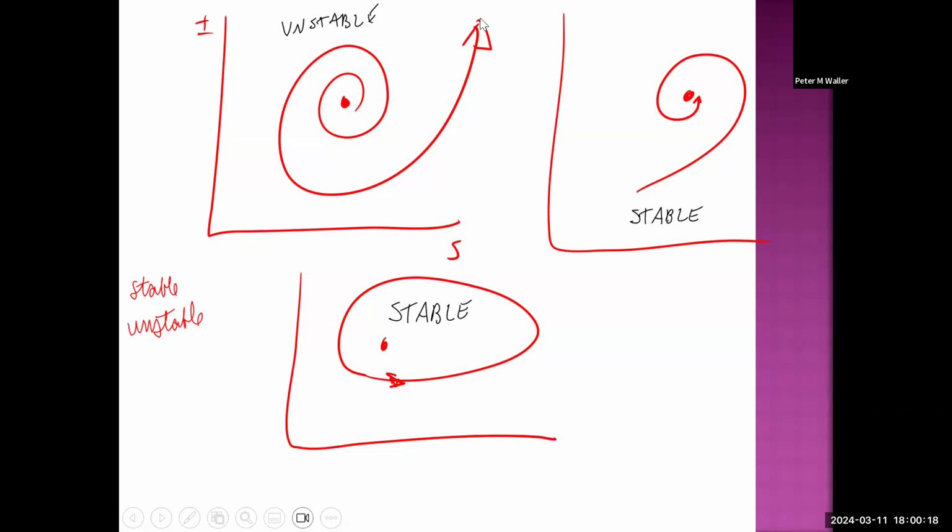They become greater. This is the stable case, where the population fluctuations decrease and gradually dampen out to the equilibrium point. And this is also called stable, where there's no increase or decrease in fluctuations.